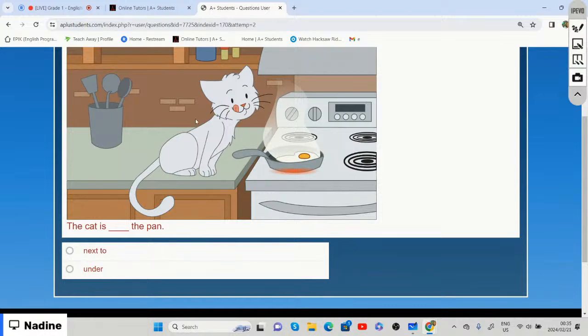So here we have our cat, there we have our pan. Is the cat next to the pan or is the cat under the pan?